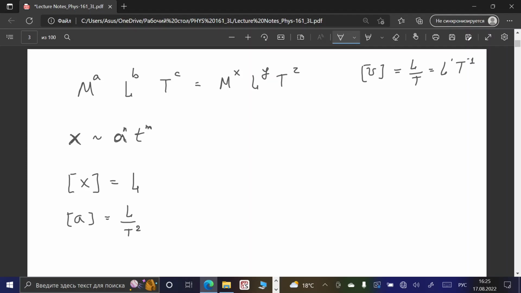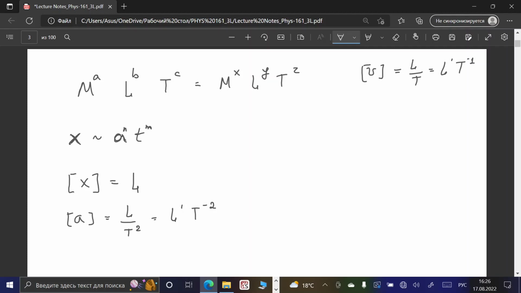And acceleration is the rate of change of speed. So we need to divide by time once more. So it will be L divided by t squared. Eventually we can write that the dimensions of acceleration are L to the power of 1 and T to the power of minus 2.